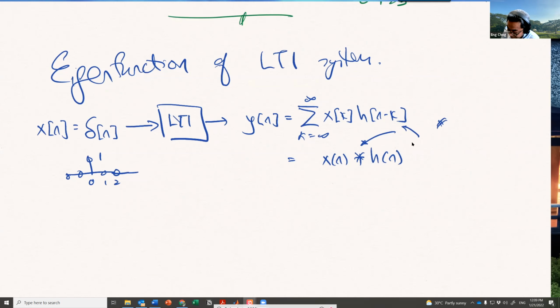Now, guys, when you perform convolution with an impulse, what do you get? When you perform convolution with an impulse, you substitute into this equation, and the only thing that is going to happen is out comes the impulse response.